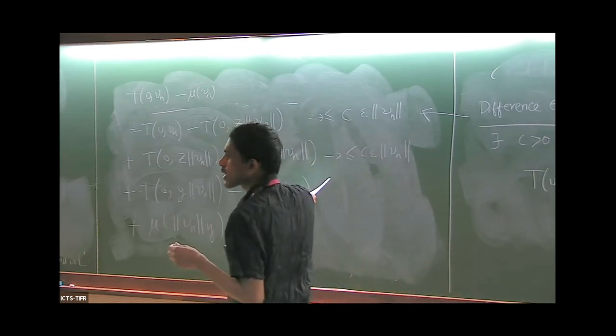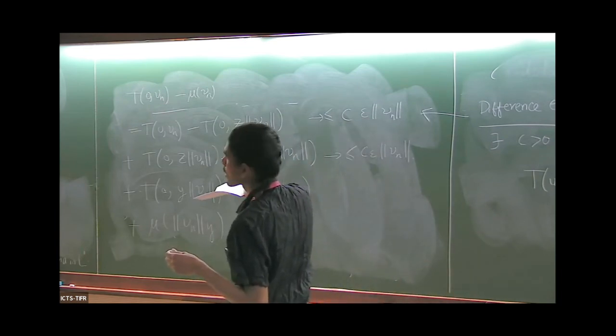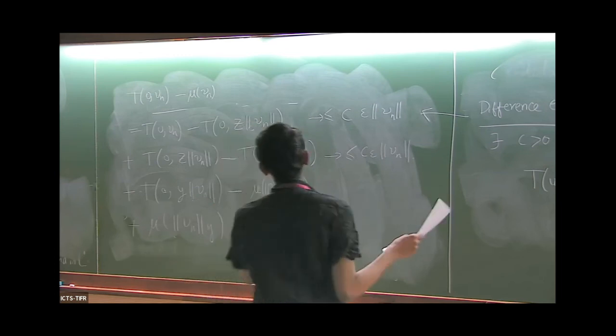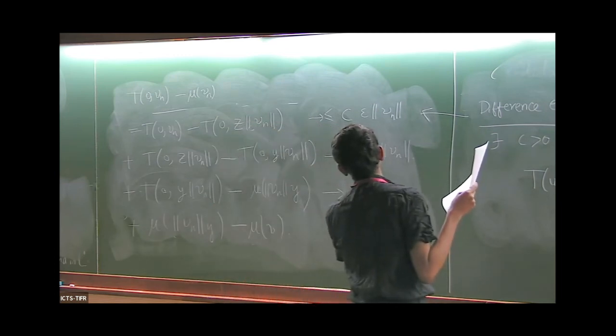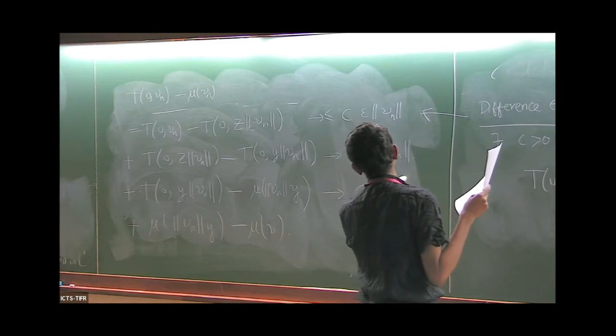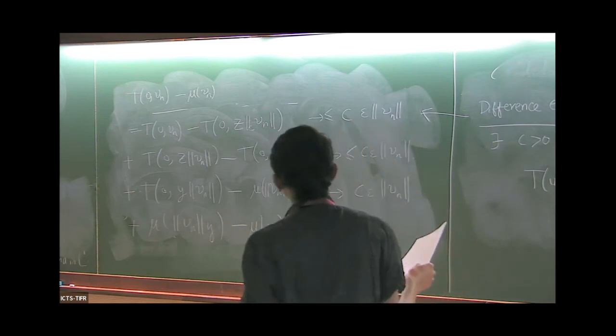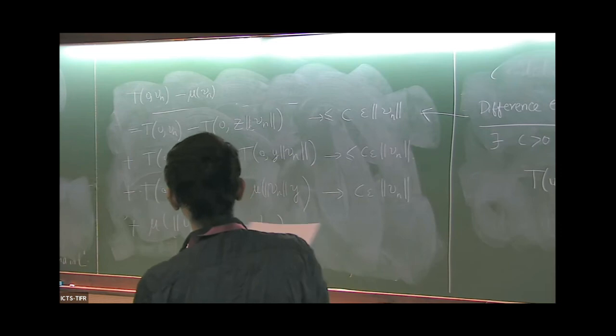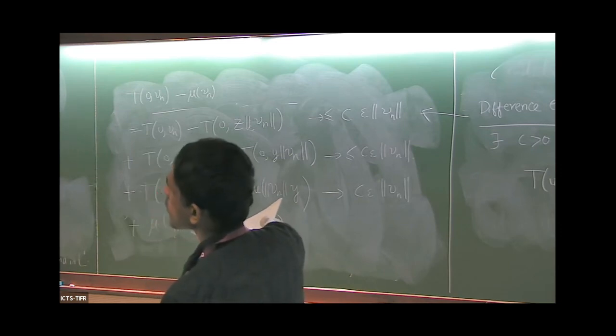Because Y is a rational direction, and I have assumed that convergence happens in all rational directions, this is also less than some C epsilon times norm of Vn. And the final one is by uniform continuity of mu.